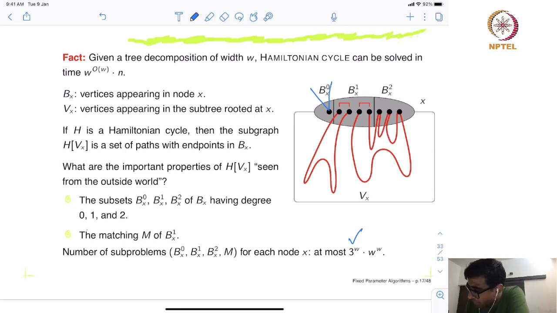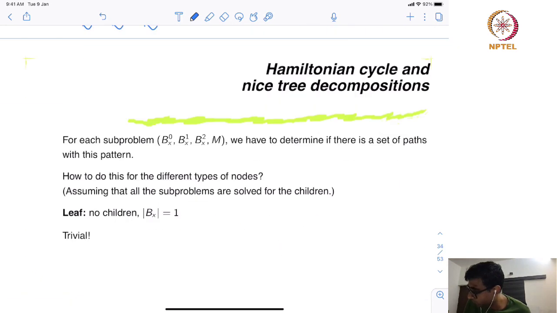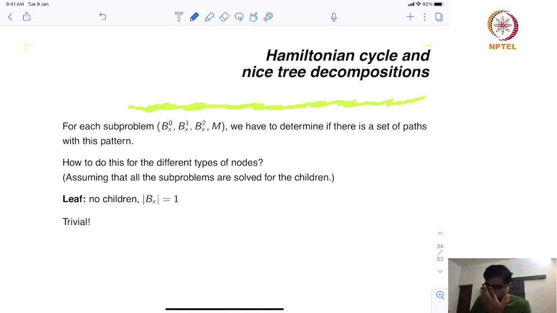So basically it's a partition of some subset of vertices into pairs, and that is upper bounded by W to the power W. So you are specified by three pieces of information: which vertices have degree 0, which have degree 1, which have degree 2, and what is the pairing among the vertices of degree 1. Okay. So for each subproblem, we have to determine if there is a set of paths with this pattern.